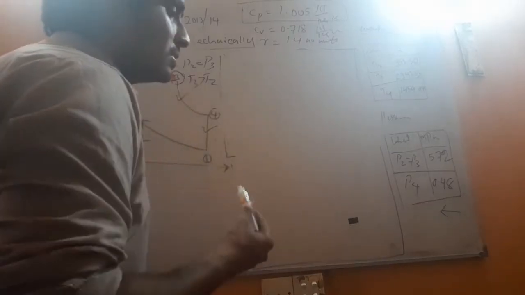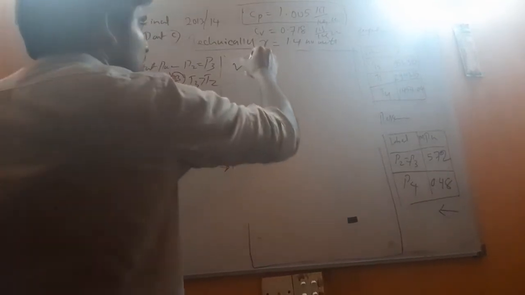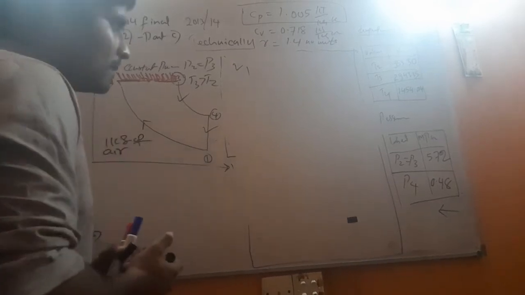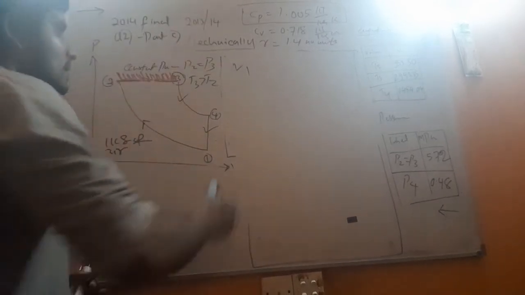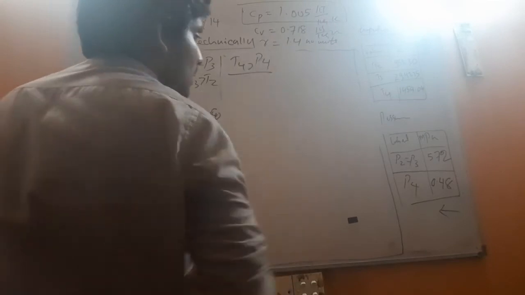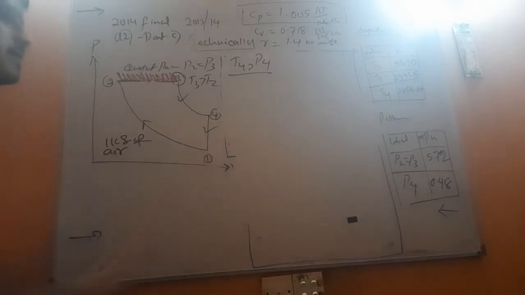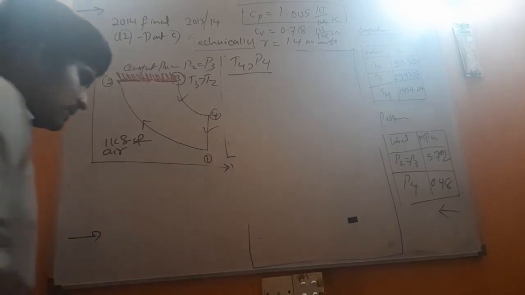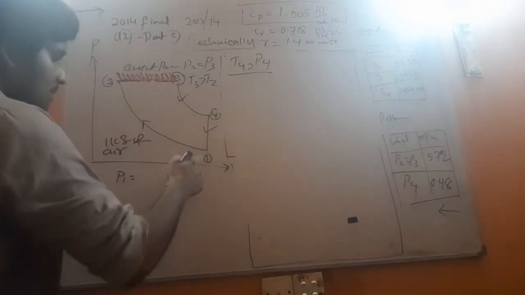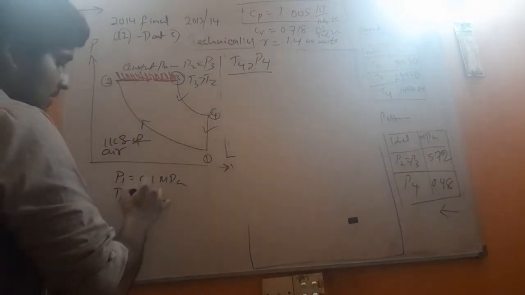Earlier we used the substitution method where we made a relationship by substituting V1. You can rewind the video and see that. Now let's see the other methods where we can find T4 and P4. Now we know our inlet conditions: P1, the pressure, is 0.1 megapascals and temperature T1 is 27 degrees Celsius.